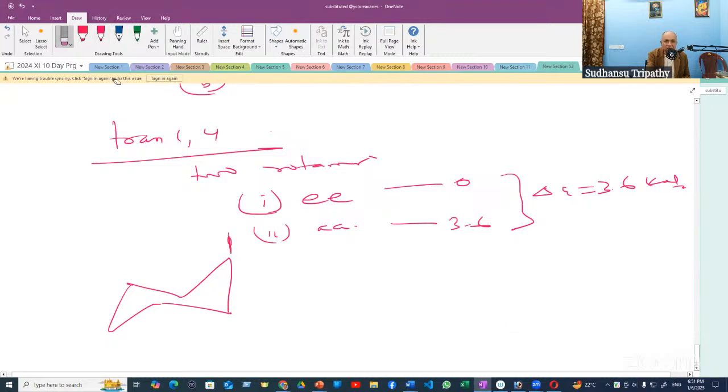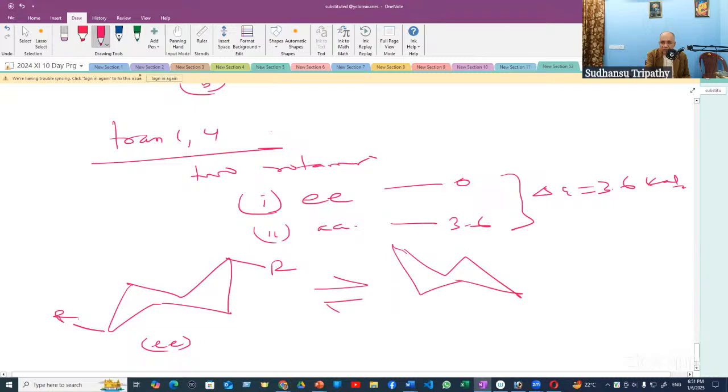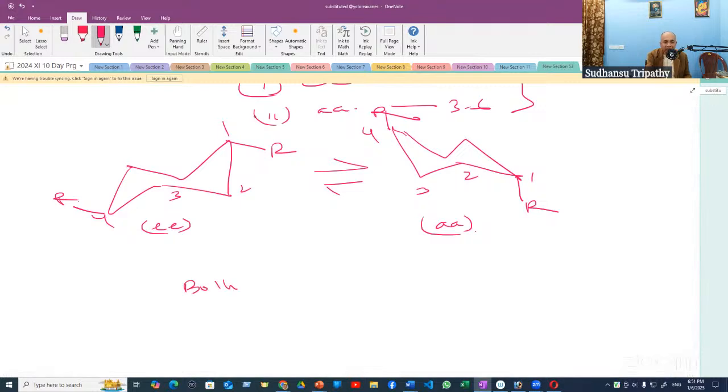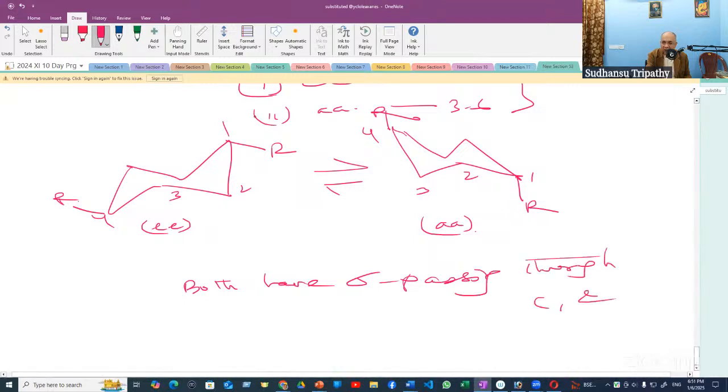First, this will become di-equatorial. So both have a plane of symmetry passing through C1 and C4.